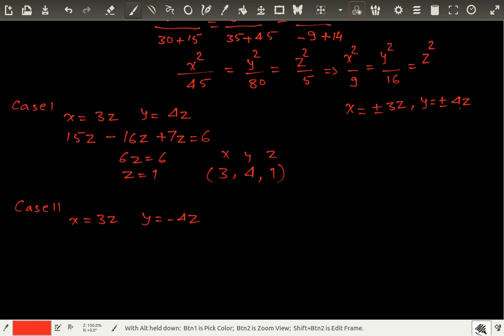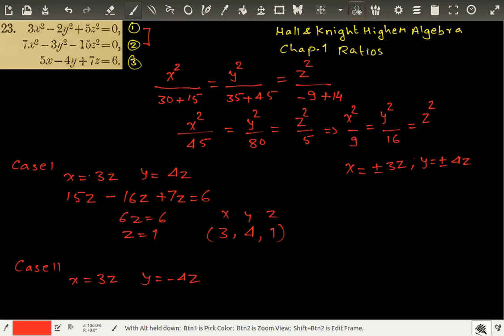Okay, because y can also be equal to minus 4z. So in this case, if we substitute these values in equation number 3, what we get is 15z like before, but this time minus 16z becomes plus 16z plus 7z is equal to 6.